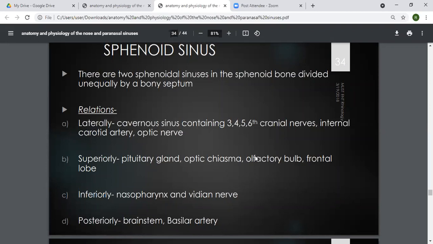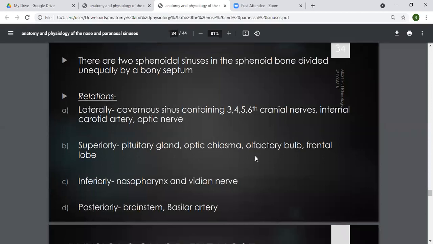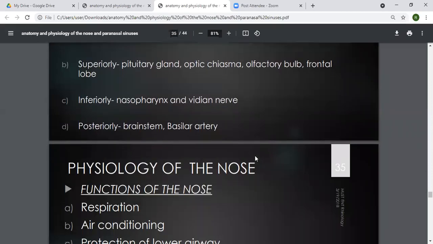Inferiorly, they are neighbors to the nasopharynx, and we have the Vidian nerve in its canal. Posteriorly, they are related to the brainstem and the basilar artery.